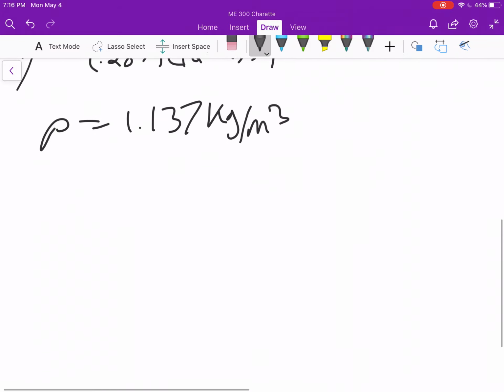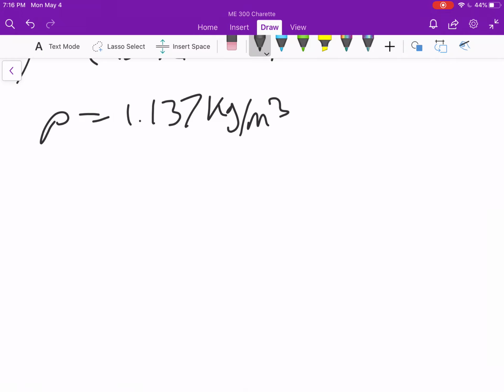Now that we have our density and our volume, we can calculate our buoyancy force. And our buoyancy force is going to be this equation right here. The buoyancy force is equal to the density times the volume times the gravity g.